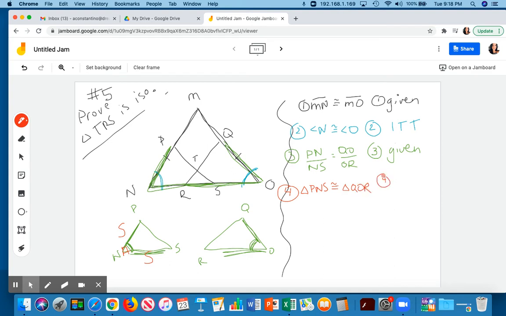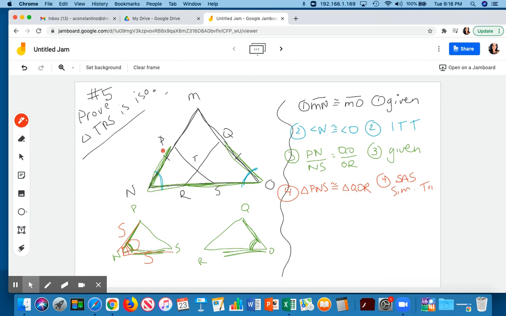And the reason we can say this is because of the side angle side similar triangle theorem. Again, we got the side part from step 3 with the ratio. The angle part we got from step 2 with the isosceles triangle theorem.